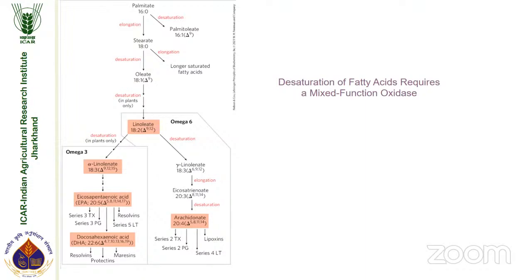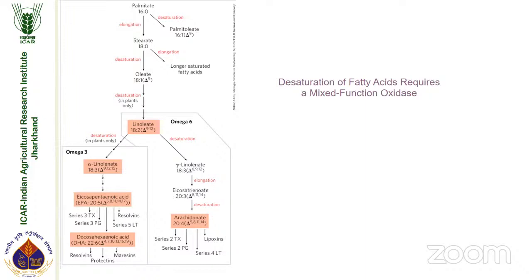But in plants, you have plenty of unsaturated fatty acids, and unsaturated fatty acids allow plants to have liquidity. You might have heard that when a fatty acid is saturated, it is solid at room temperature. So most of the oils which are liquid are unsaturated.